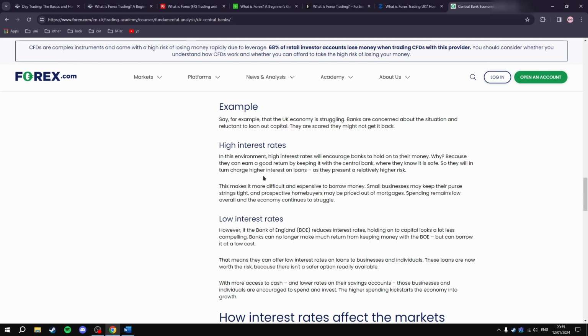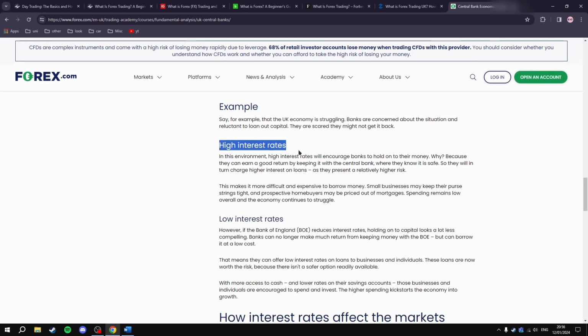So they will in turn charge high interest on loans, as they present a relatively high risk. That's going to discourage people from taking out loans. This makes it more difficult and expensive to borrow money. Small businesses may keep their purse strings tight, and prospective home buyers may be priced out of mortgages. Spending remains low overall, and the economy continues to struggle.